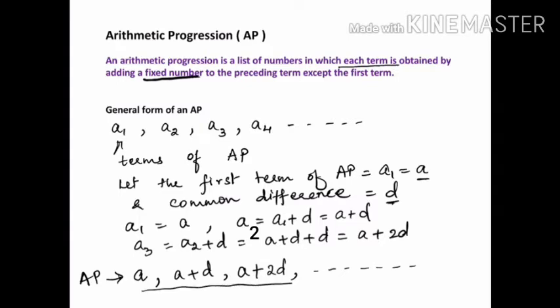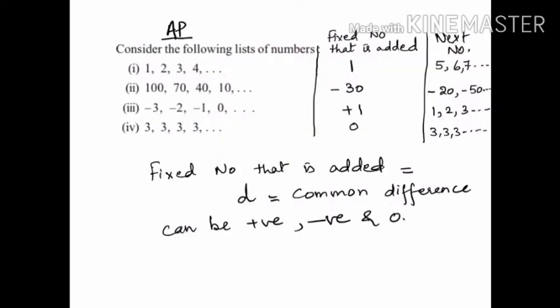And if a list of numbers is given, like in this example, we can check if the given list of numbers is an AP by verifying that the common difference is the same. That means the difference between any two consecutive numbers should be the same.